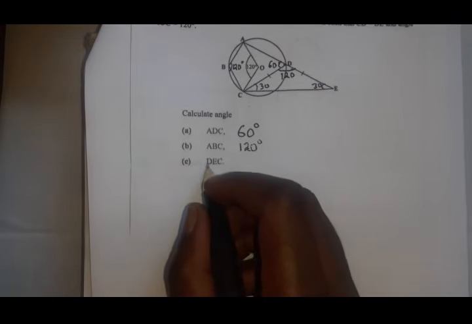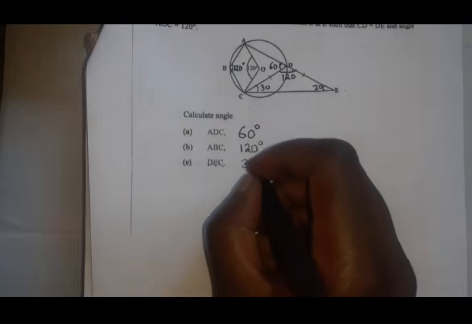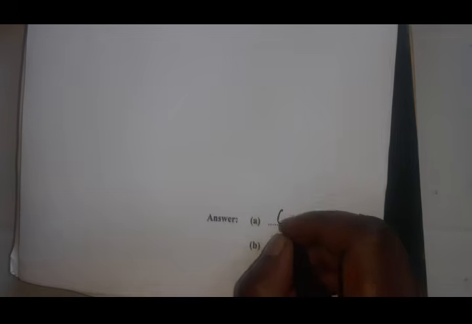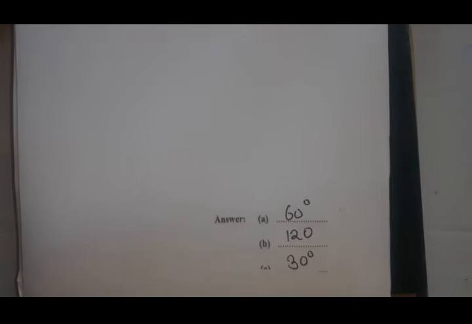Then DEC. That is 30 degrees. So we have 60 degrees, 120 degrees, and 30 degrees. Okay? So that is that. That's what you are supposed to find.